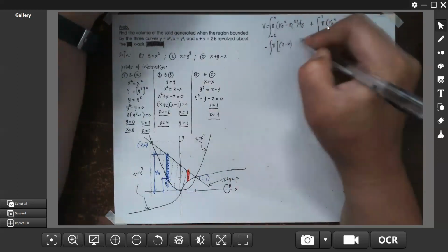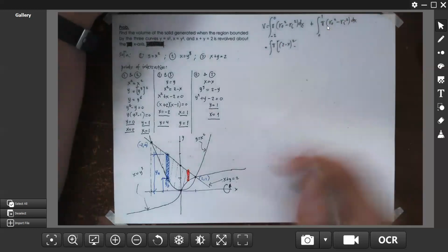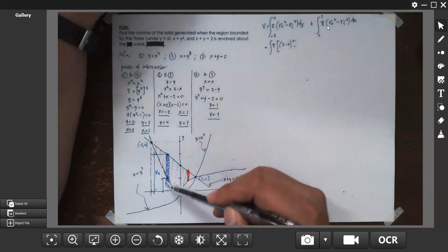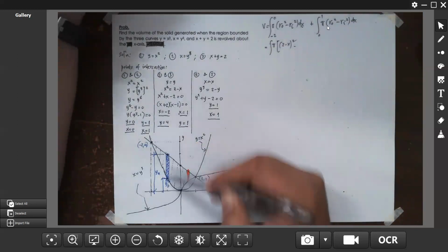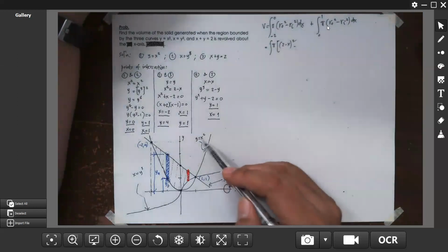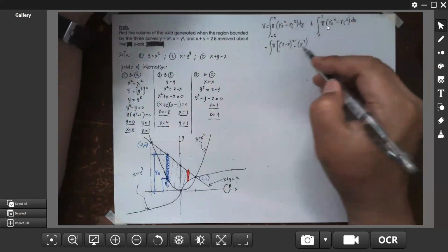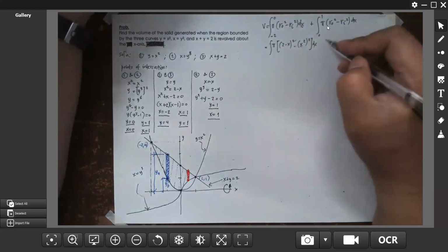So 2 minus x squared, minus the inner radius. The inner edge is this, y down. Our y down is the parabola, and its y is simply x squared. So y, and then square, and dx.